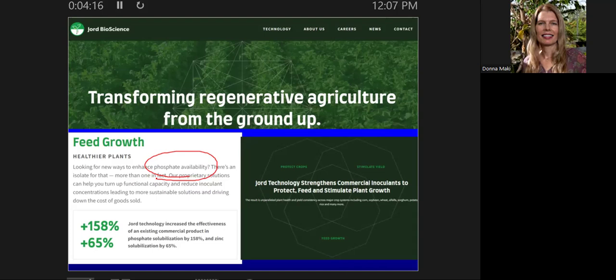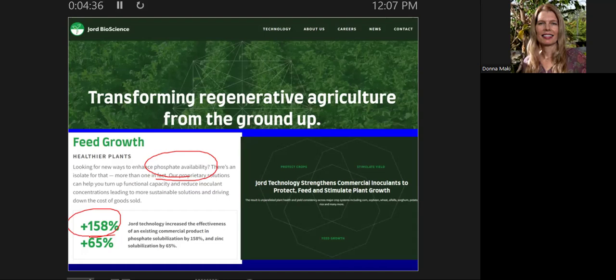With some of the experiments they did before they formulated their final product, they were showing great increases in phosphate solubilization. I have a hard time saying that. So, 158% increase, that's dramatic.